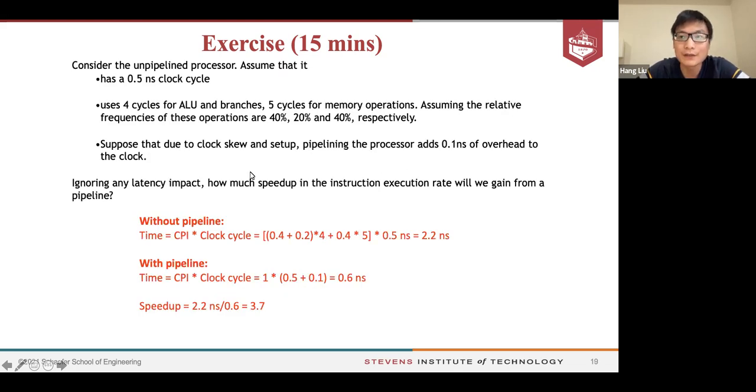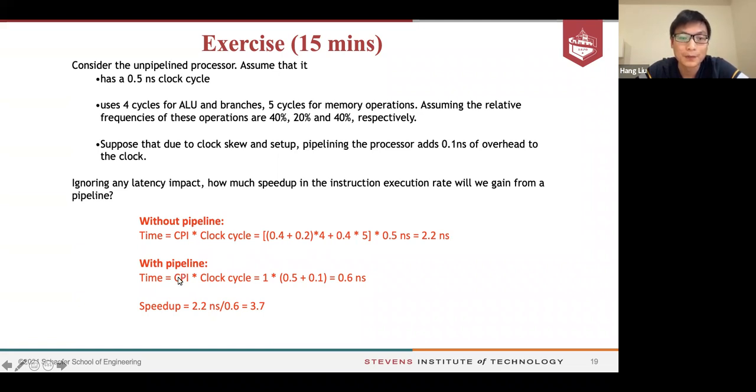Okay, here we go. This is the solution. Without pipeline, you can see the time is CPI multiplied by clock cycle. It is 0.4 plus 0.2 because both of them are 4 cycles, so it's multiplied by 4. And then for the other 40%, it's the memory operation, so it's 5 cycles. And the clock cycle time is 0.5 nanoseconds. So the total is 2.2 nanoseconds per instruction.